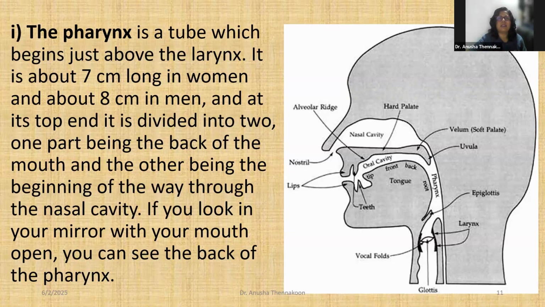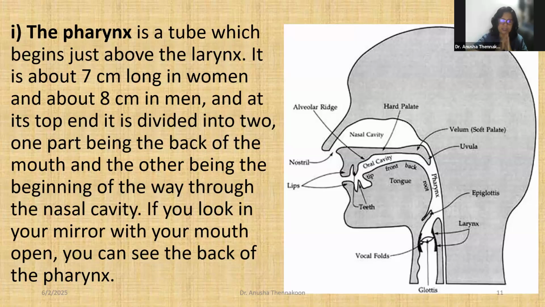It is a cavity. At its top end, it is divided into two. One part is the back of the mouth and the other is the beginning of the way through the nasal cavity.